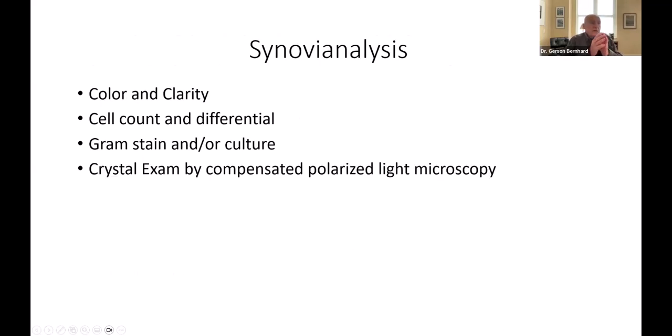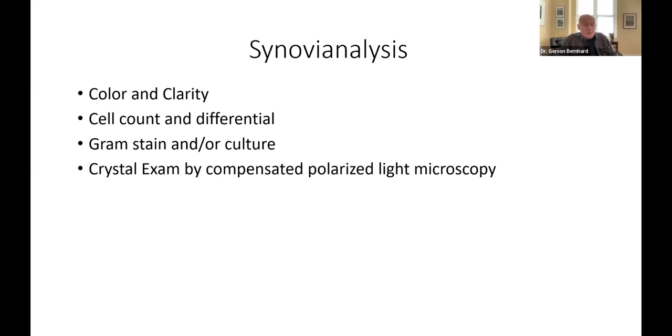Now, in the synovial analysis, we talked a little bit about that again. You want to know something about the color, the clarity of it, the cell count, and its differential. And if there's any question or suggestion that maybe this could be an infection, then the gram stain and culture. Unfortunately, unless you've got a rip-snorting, acute pyogenic infection, your gram stain or culture are not likely to be positive.